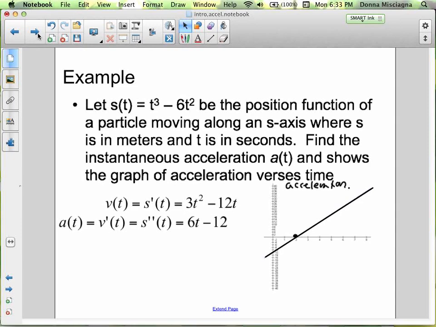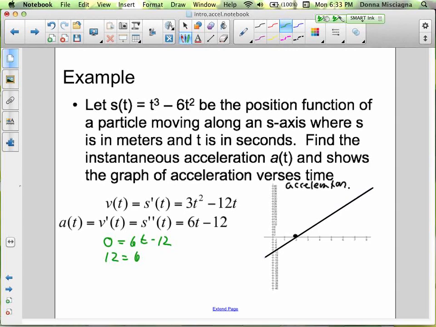The acceleration function is the derivative of velocity. So if we take the derivative of 3t squared minus 12t, using the power formula, we have 6t minus 12. Now, if we set this equal to 0, add 12 to both sides, and then divide by 6, t equals 2.